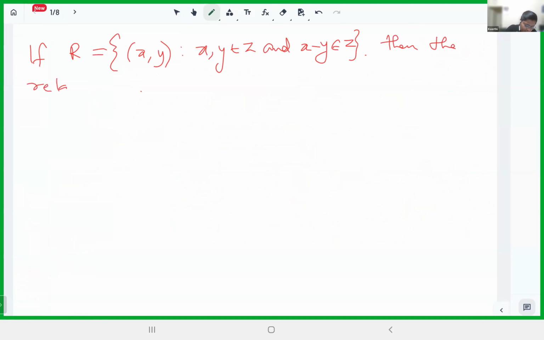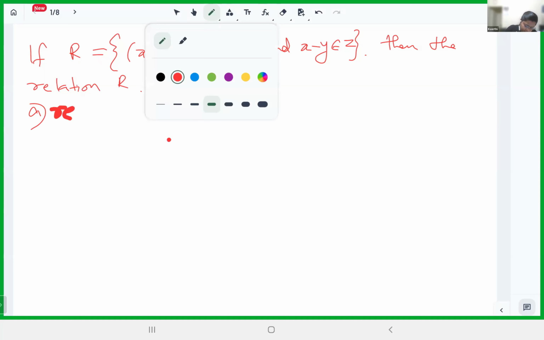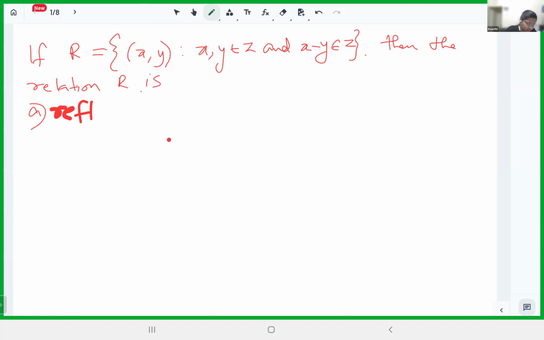If R is equal to the set of ordered pairs (X, Y) such that X, Y is an element of Z and X minus Y belongs to Z, then the relation R is: A, reflexive but not transitive.